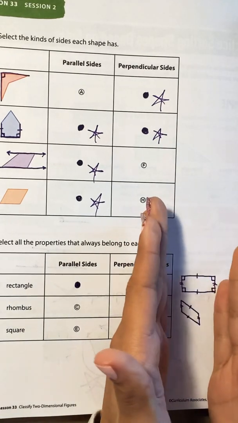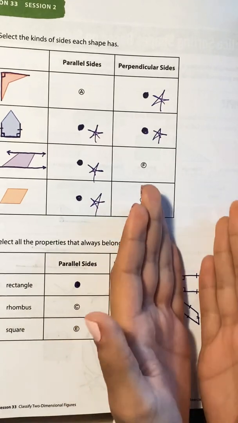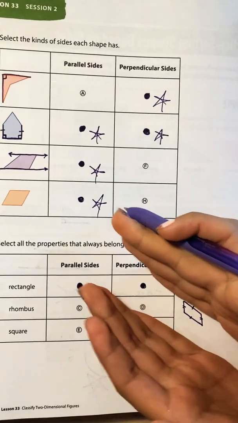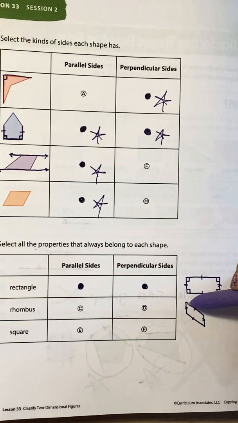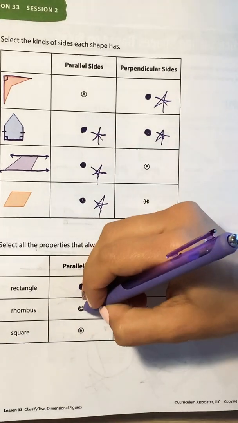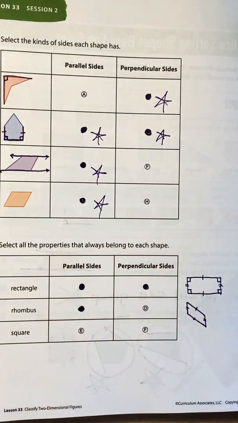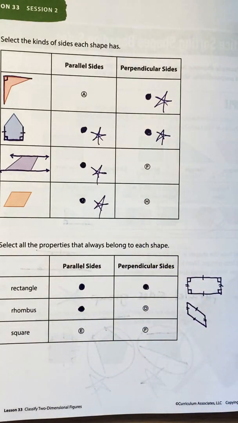It's hard to tell, but up and down, right? At the same angle, and side to side, same angle. But there are no right angles. That's an obtuse, acute, obtuse, acute. So no perpendicular sides on that one, just parallel. So a rhombus will always have parallel sides, but not perpendicular sides.